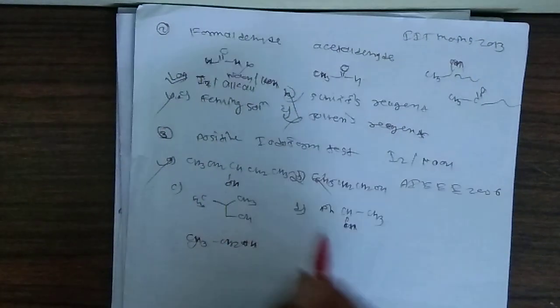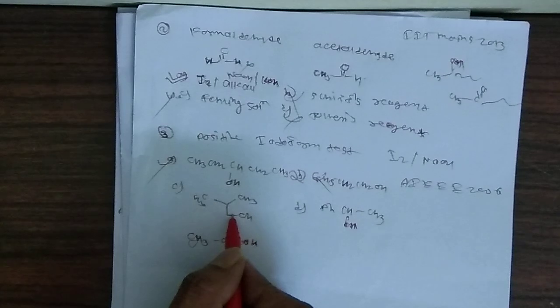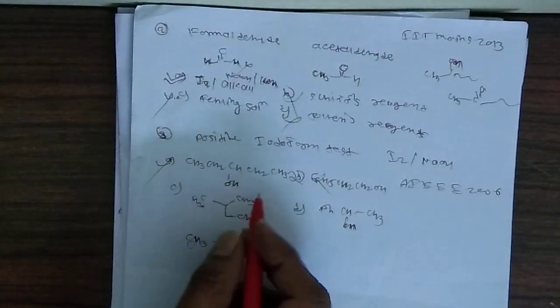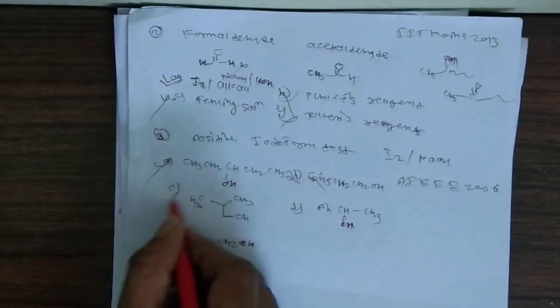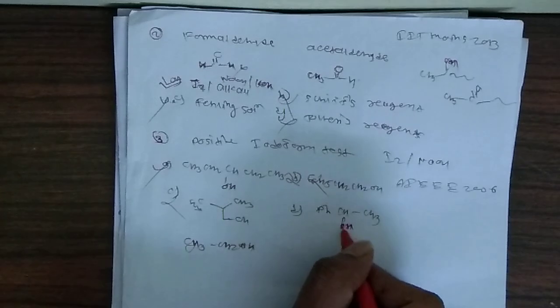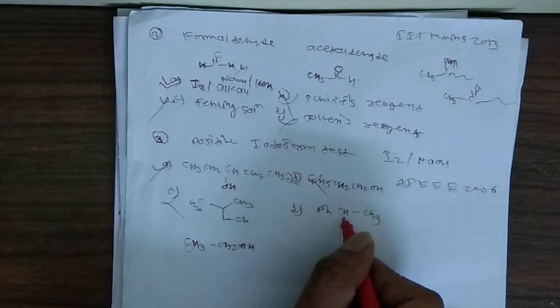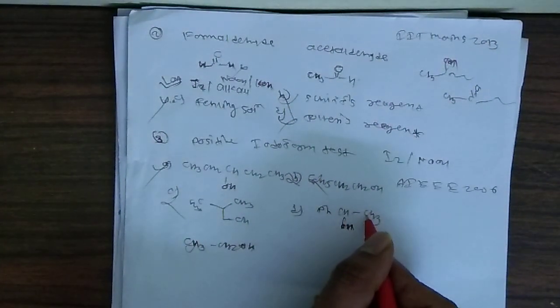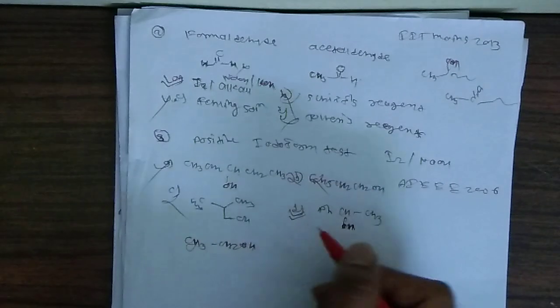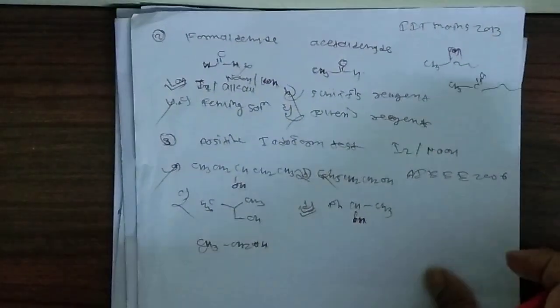So this will also not give. If you see here, this is also a primary alcohol, but the adjacent group is not CH3, therefore this will also not give. If you see here, this is a secondary alcohol, and the adjacent group is CH3, therefore this will give a positive iodoform test. So the correct option of that question is D.